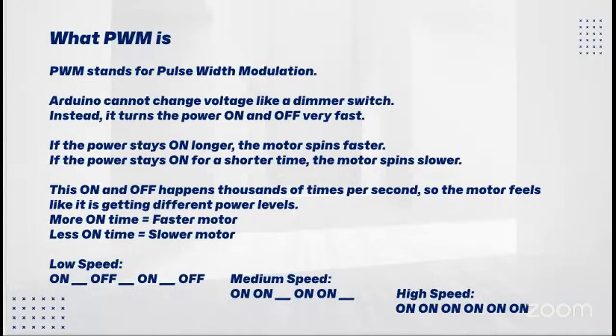For it, it is only 1 or 0, for example 0 or 5 volts. It cannot send half. And for us, we don't just need the car to go fast or slow. We want to make sure our car goes slow, medium, and high. That's what the program number 1 will do.